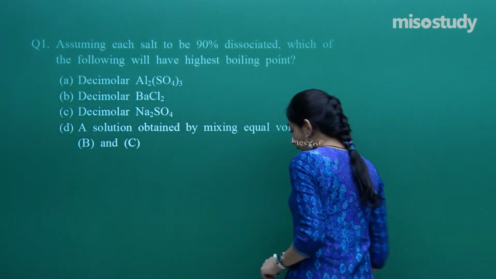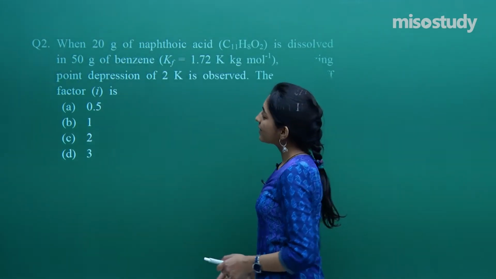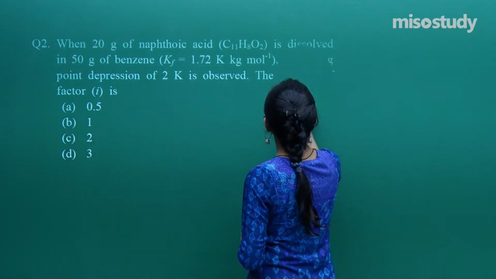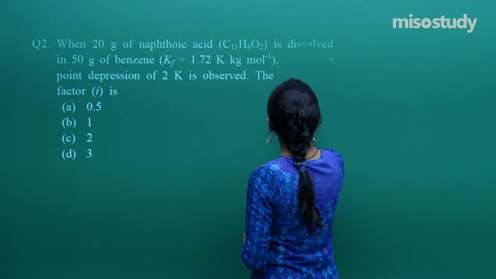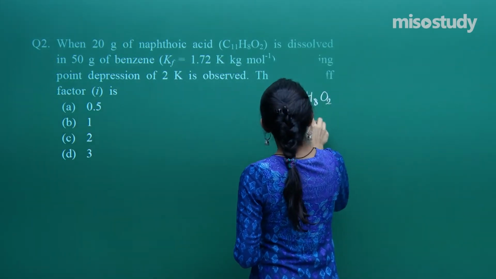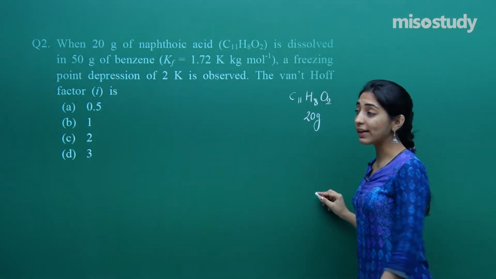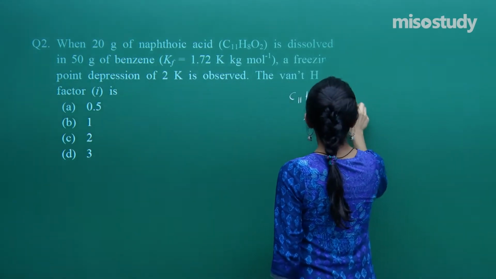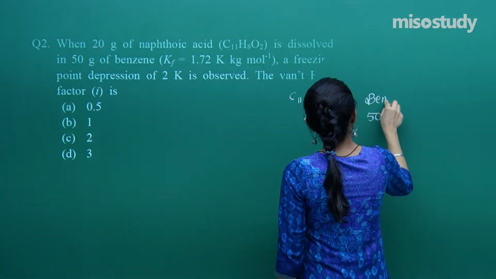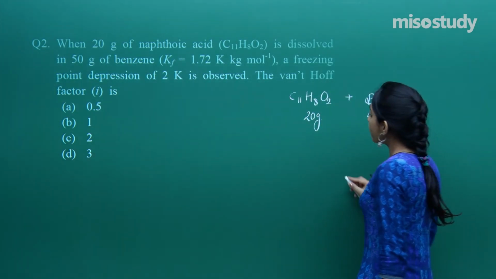Okay. So now question number 2 says that when 20 grams of naphthoic acid, C11H8O2, is dissolved in 50 grams of benzene, the Kf is given to me.